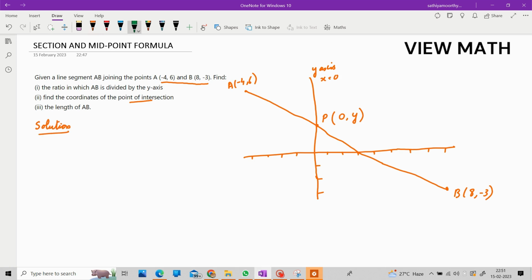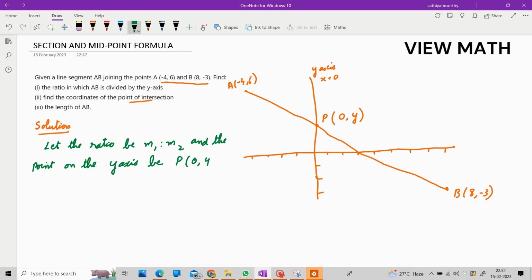Now first they're asking, let the ratio be m1 is to m2 and the point on the y-axis be P (0, y).